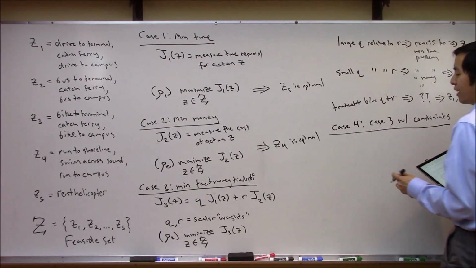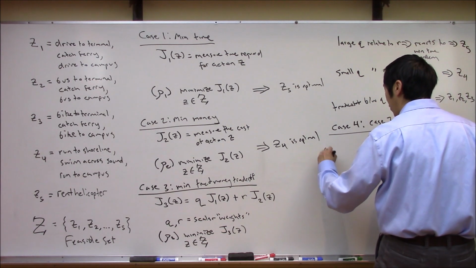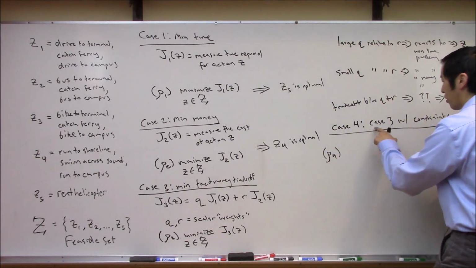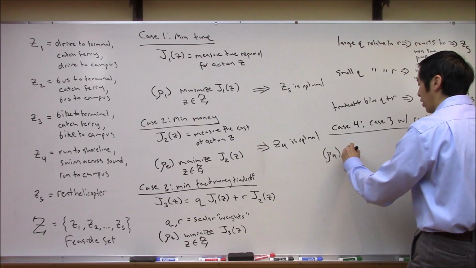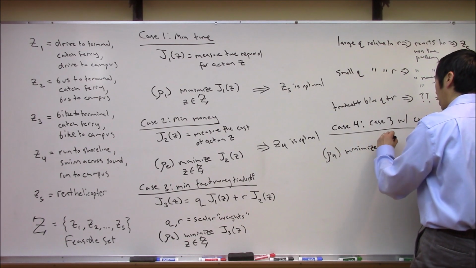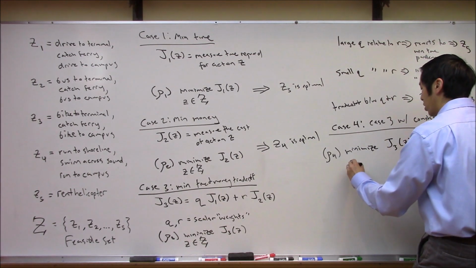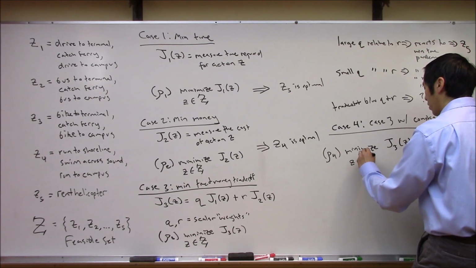So what this does here is, again, let's restate our problem here. I'm going to call this P4 now, but again, it's the same cost function as case 3, right? So I want to minimize J3, right? This was our trade-off cost function here, subject to elements in the feasible set here.